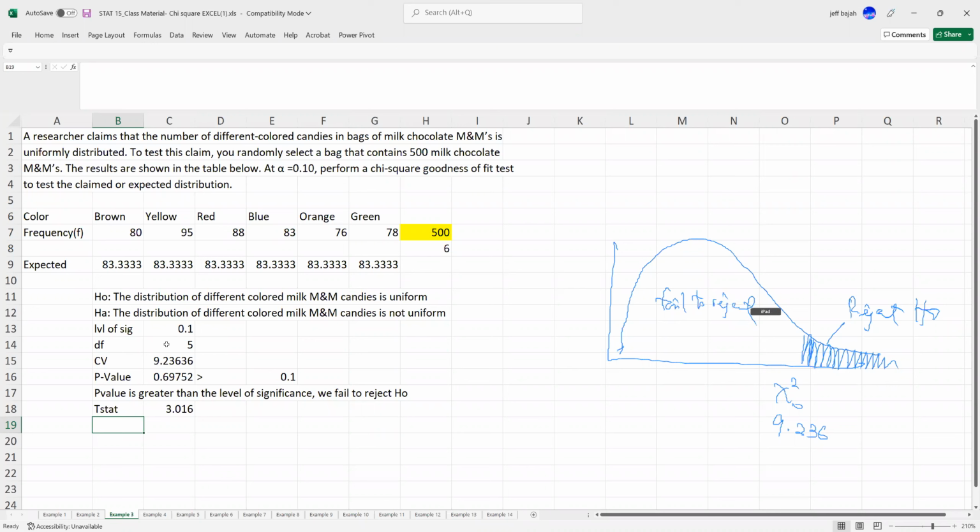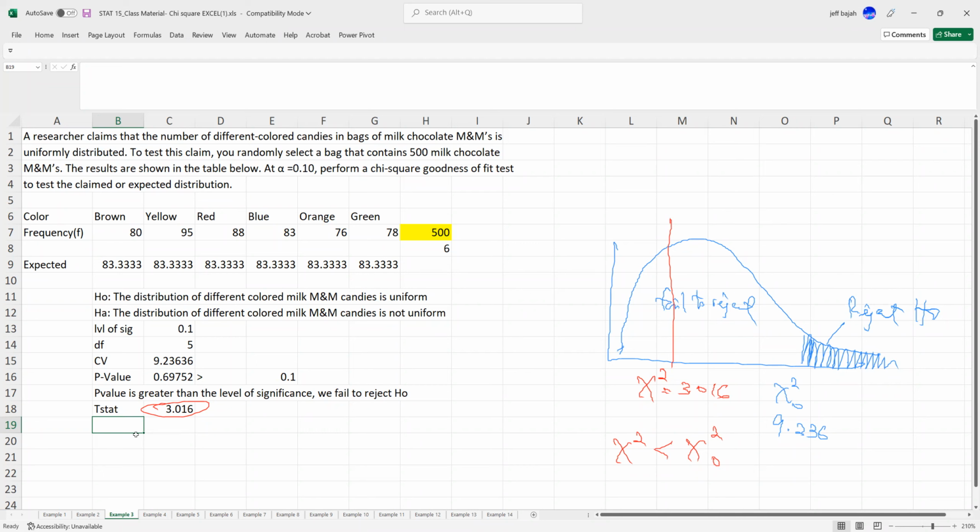But look at what our test stat is, 3.016, right? So it falls somewhere here. So you can see that our test stat is less than our critical value. And once it's less than that, we fail to reject. So in both methods, you can see we fail to reject.